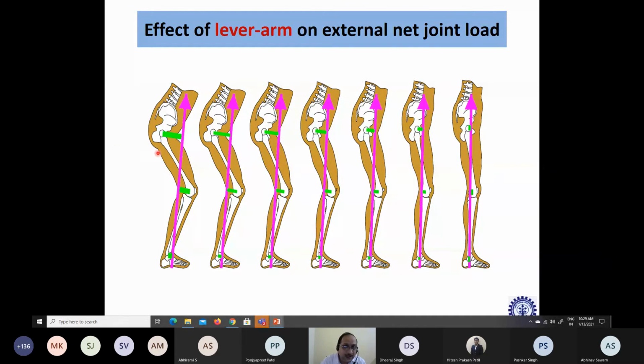But as you move from the right to the left, I am actually starting from a squatting position, and these green lines are actually the lever arm or the moment arm. So at a particular squatting position, you can see that these lever arms are contributing towards generating an external moment, which is counteracted by the moments produced by the muscle forces.